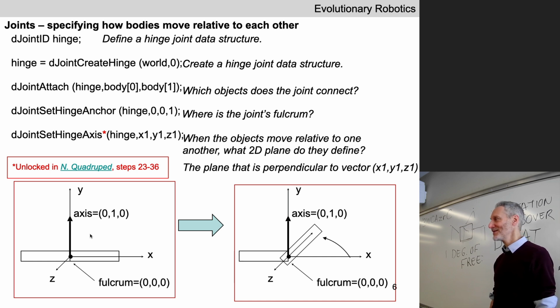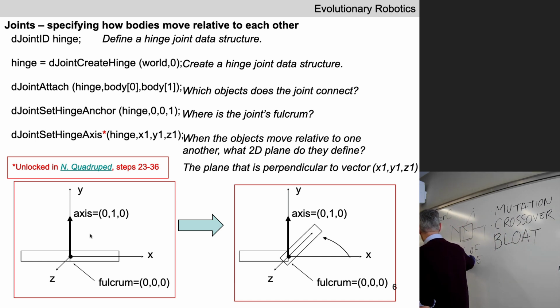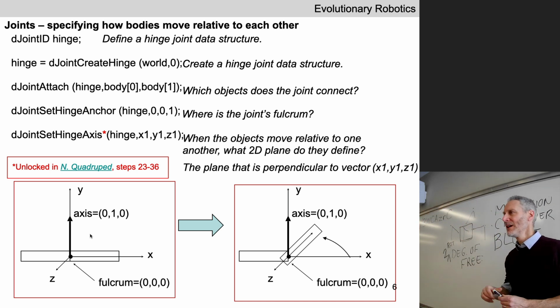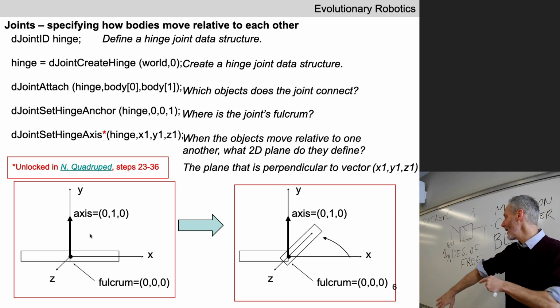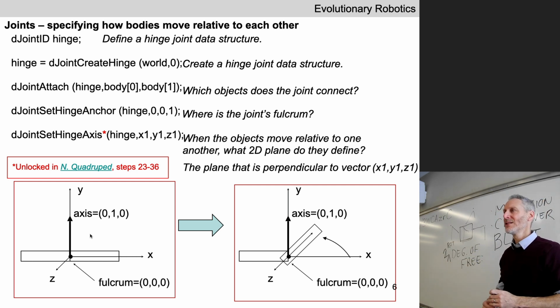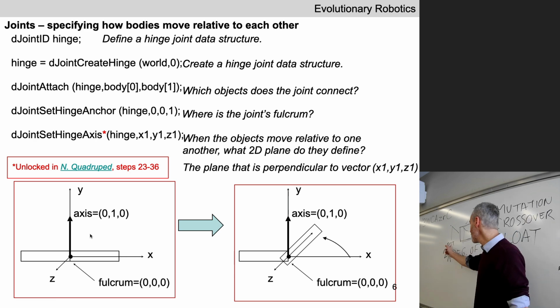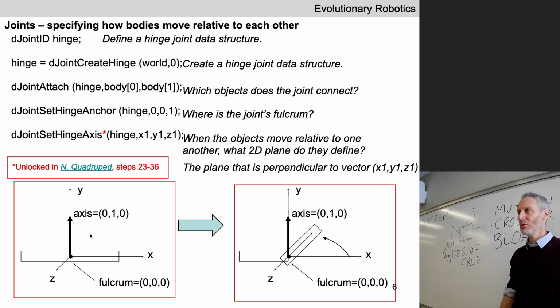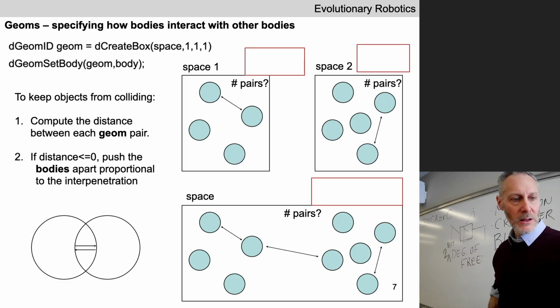This is not a trick question. 2. 2 rotational degrees of freedom. So it's often easier to think about wheels as a separate thing from hinge joints, ball and socket joints for that matter, pistons. It's a bit of an arbitrary distinction, but we'll use some of this terminology as we move on. Okay, let's keep going.